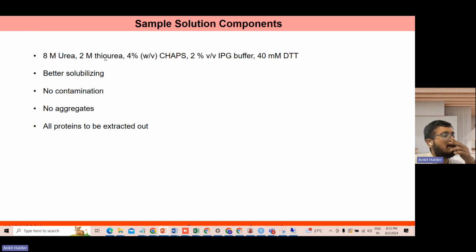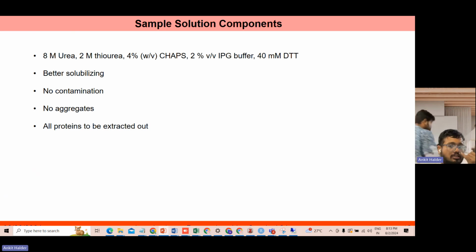Urea and thiourea act similarly. Then we have the IPG buffer for two-dimensional gel electrophoresis, and DTT, or dithiothreitol, which reduces the disulfide bonds, otherwise the proteins won't be free from those particular structures.